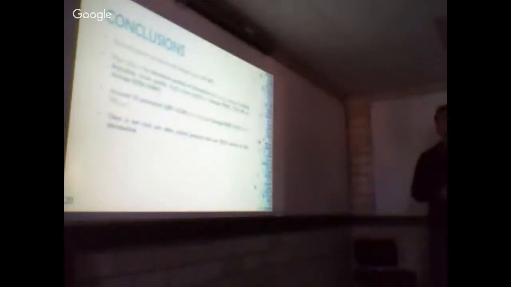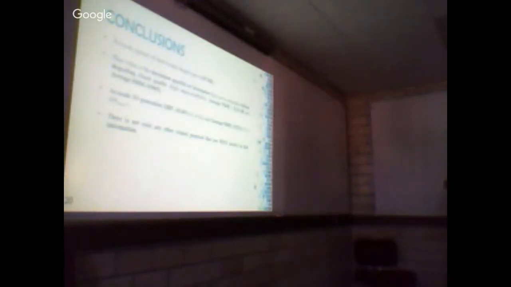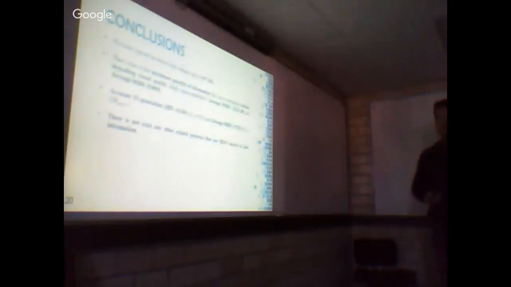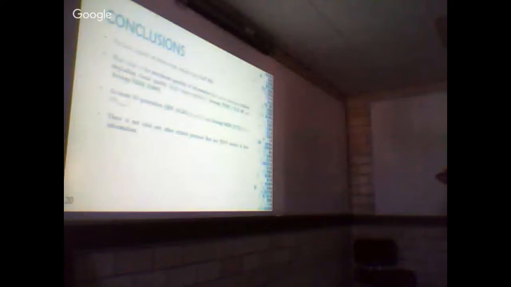Conclusion: in our framework, we discovered that we could embed up to 1.87 megabits per image, and this is the maximum quantity of information that can be embedded while keeping the visual quality of the image.